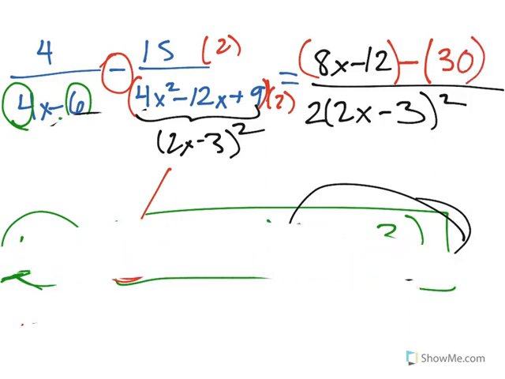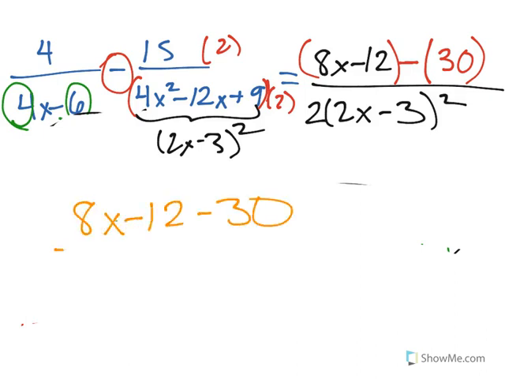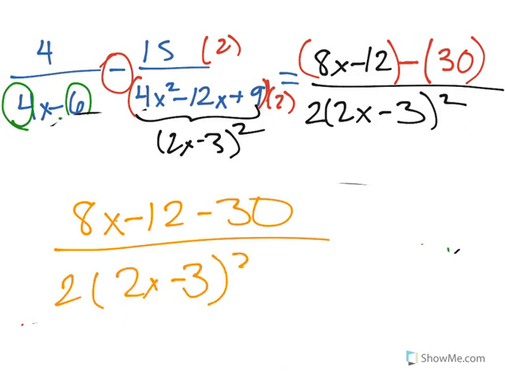Now let's just simplify the numerator a little bit. And so 8x minus 12 minus 30, over 2 times 2x minus 3 squared. And so we combine like terms.